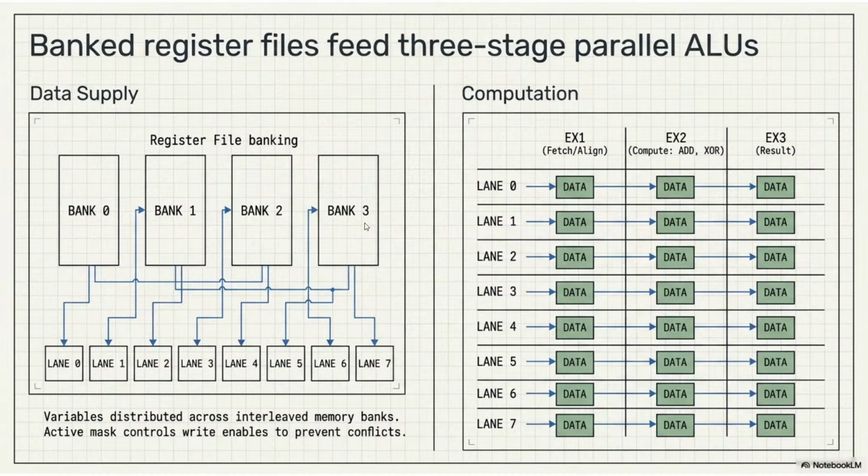For example, if you see bank 3 here, it is connected to lane 7, and then it is going two ways with lane 6, and then connected with lane 5, and then bank 1. This kind of banking or interleaving provides more ports and also avoids conflicts. Bank 0 has its own registers.